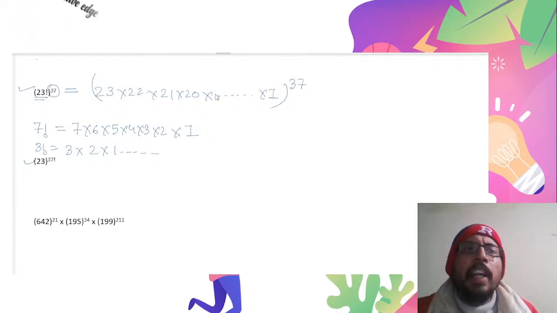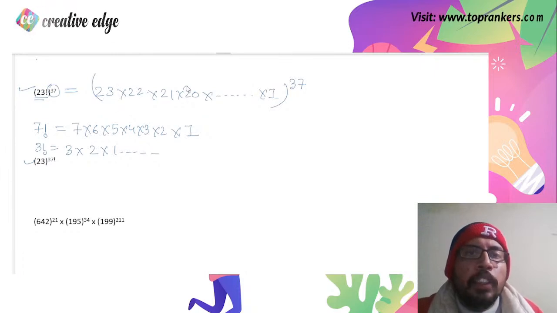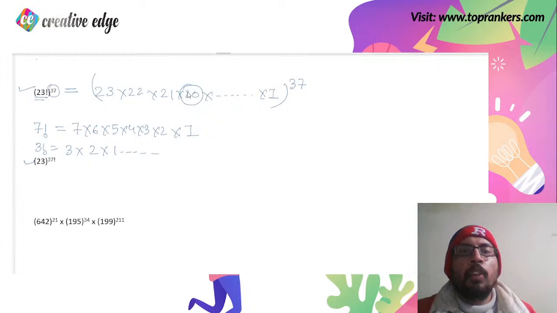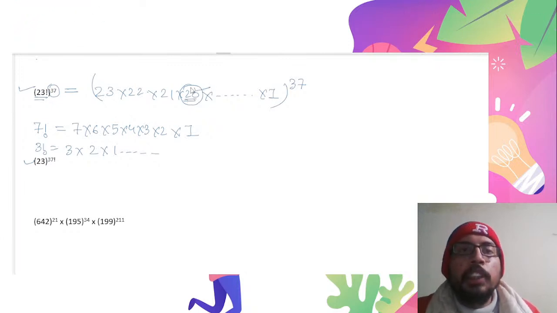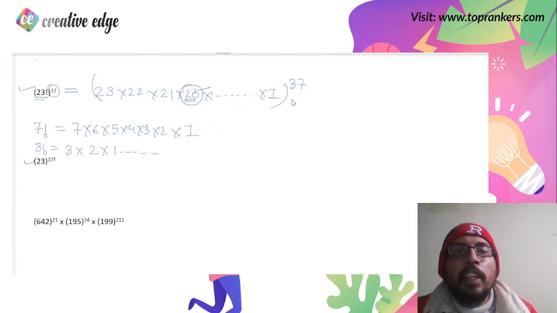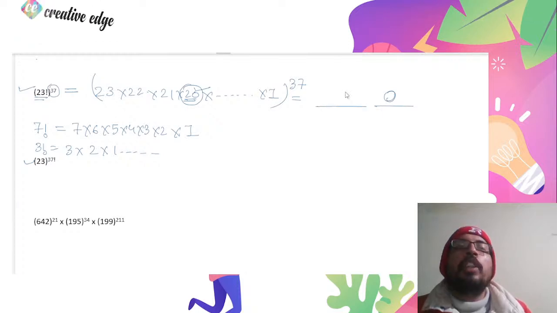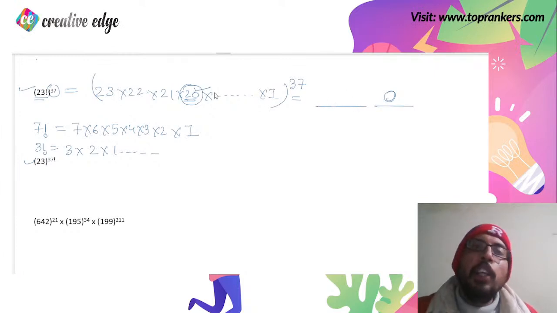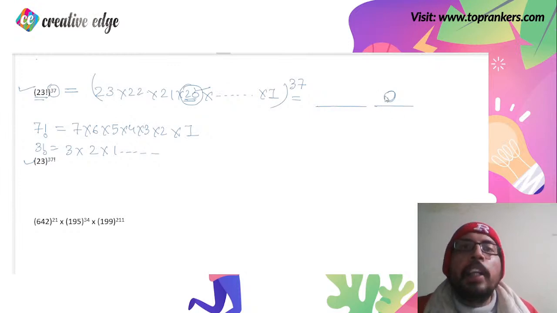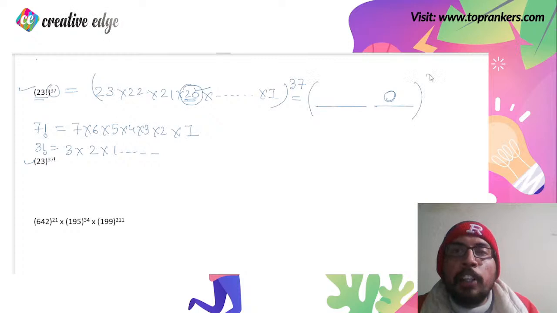You can clearly see that this has 20 in it, and 20 has 0 with it. Since 20 has 0 with it, obviously this entire multiplication will give at least one 0 at the unit place. I do not care what exactly the expansion of this big number is. I only know that this expansion will definitely have a 0 at the unit place, and this 0 has power 37.